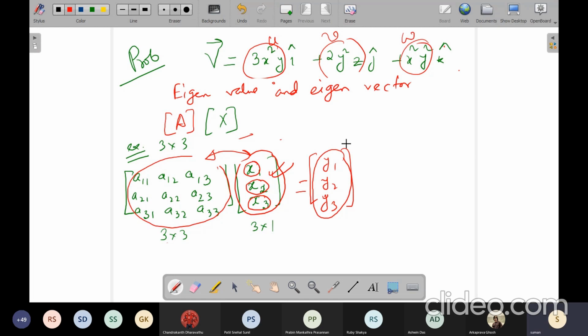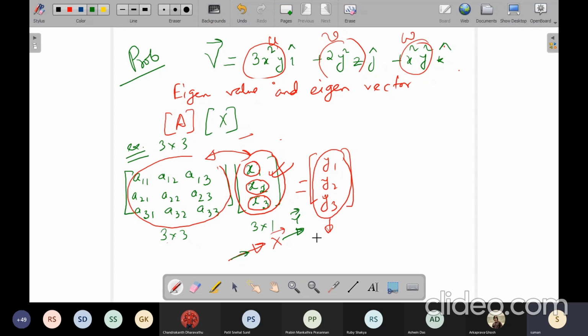Now sometimes this vector y could be just a scale of this vector x. That means if this is the vector x direction, y is aligned in the same way along x with some either stretching or contraction.